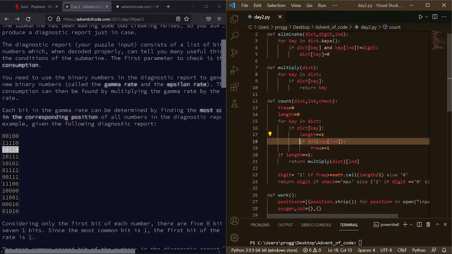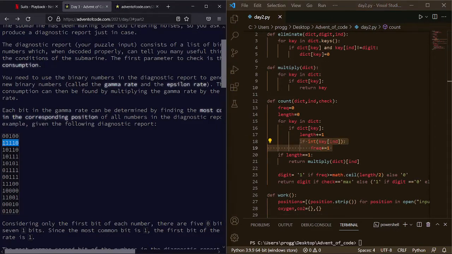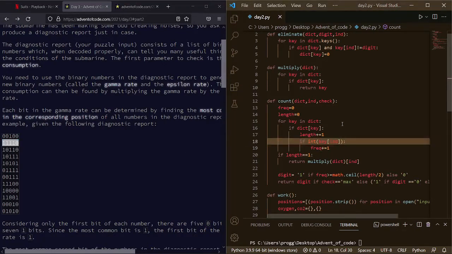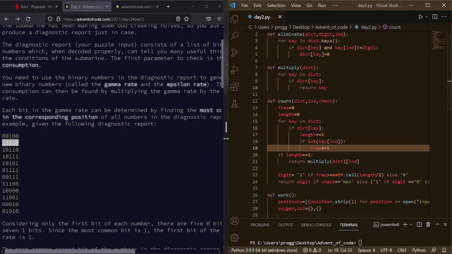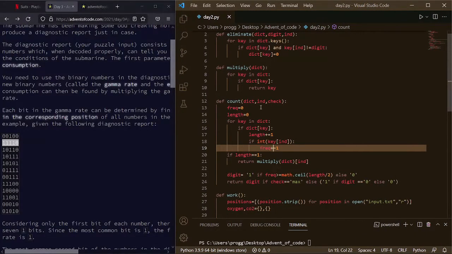So now if the element at that particular index is 1, we will increase the frequency. Now please keep in mind that we are only keeping a track of the number of ones. We are not keeping a track of the number of zeros. We are only keeping a track of the number of ones at that particular index.